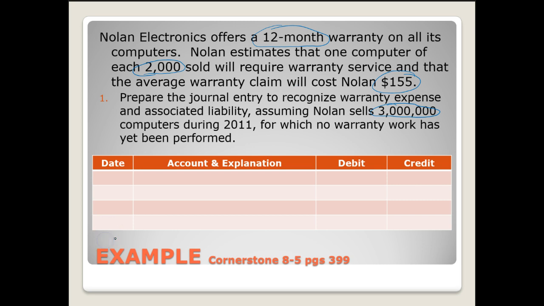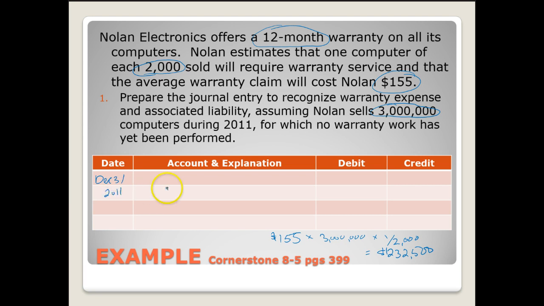So $155 times 3 million computers times 1 for every 2,000, we come up with an estimated warranty liability of $232,500. And this is as of the end of the year.